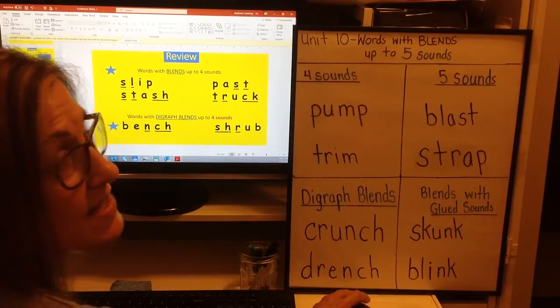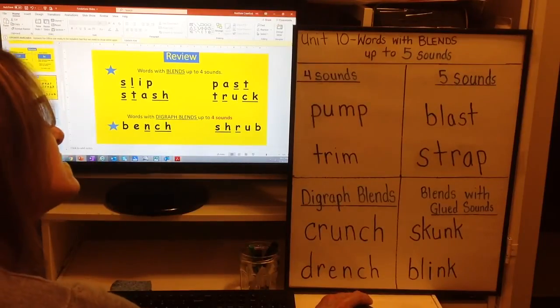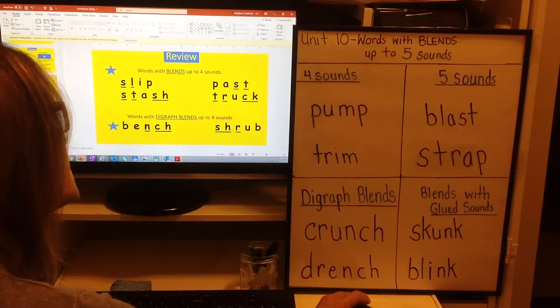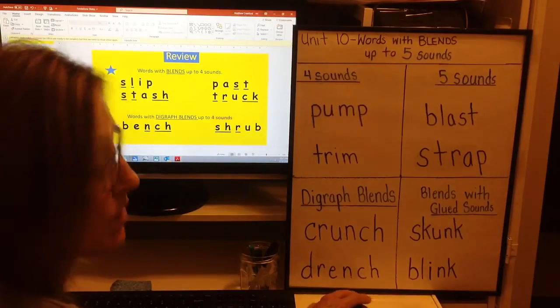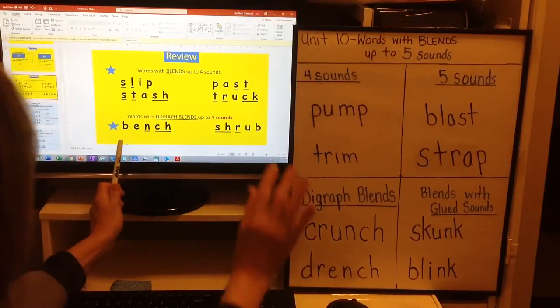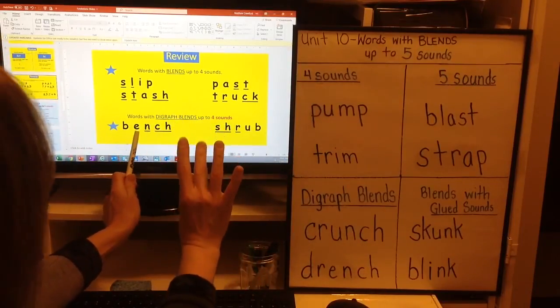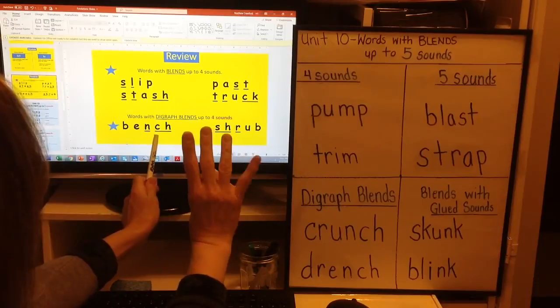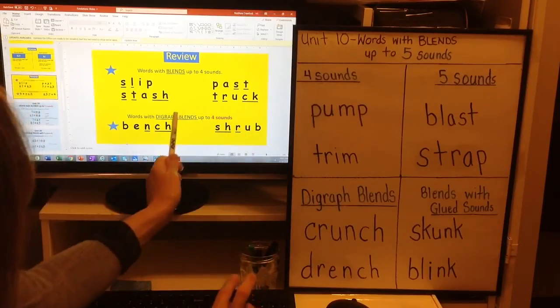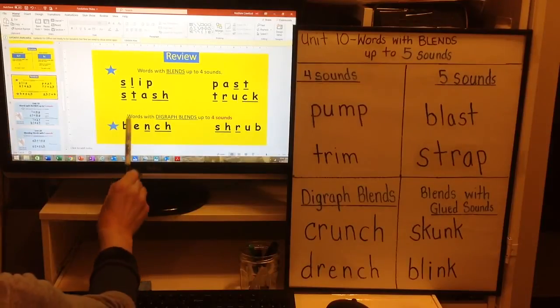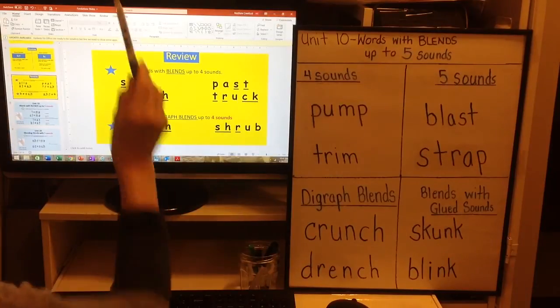Do you remember in class we talked about a digraph blend with words up to 4 sounds? That's like this word right here. Please watch me tap it out first. Ready? Watch me first. B, e, n, ch. Bench. Okay, so this has 1, 2, 3, 4 sounds.